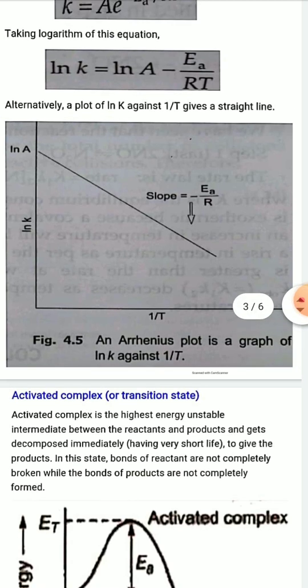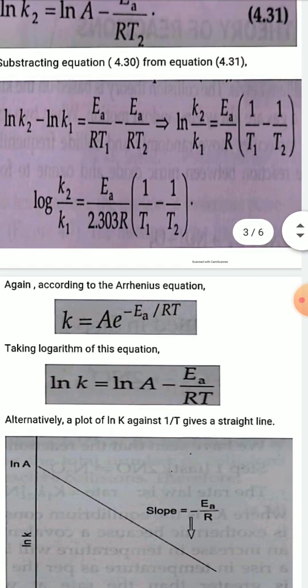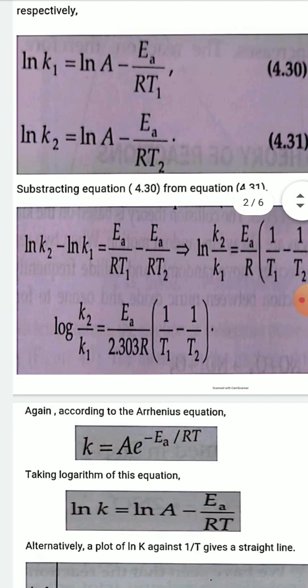According to this plot, you can calculate the value of activation energy from the slope of this straight line with negative slope, and the slope is minus Ea by R. You can also calculate the activation energy from the equation log k2 by k1 is equal to Ea by 2.303 R into (1 by T1 minus 1 by T2).